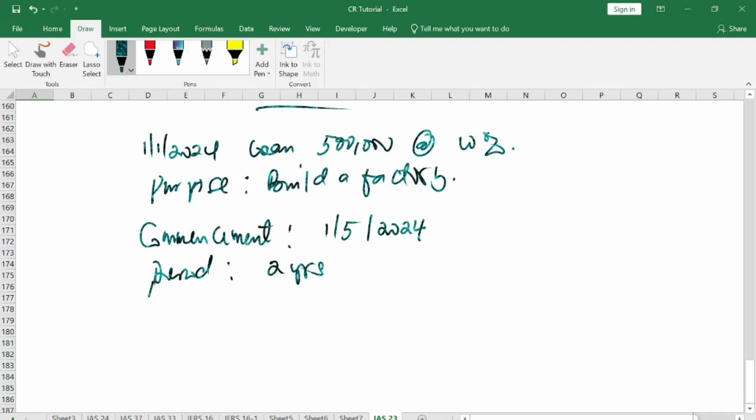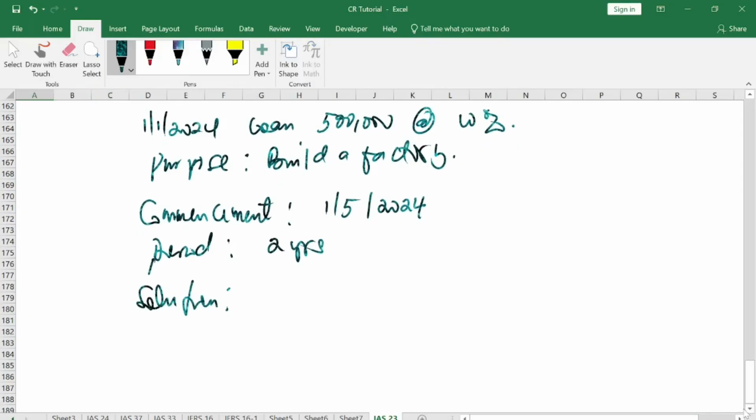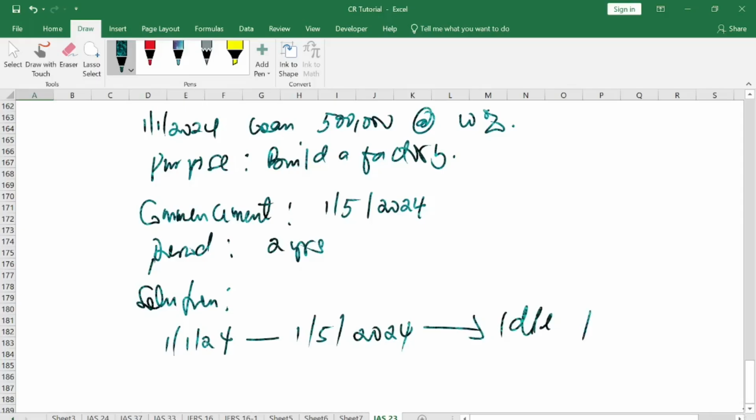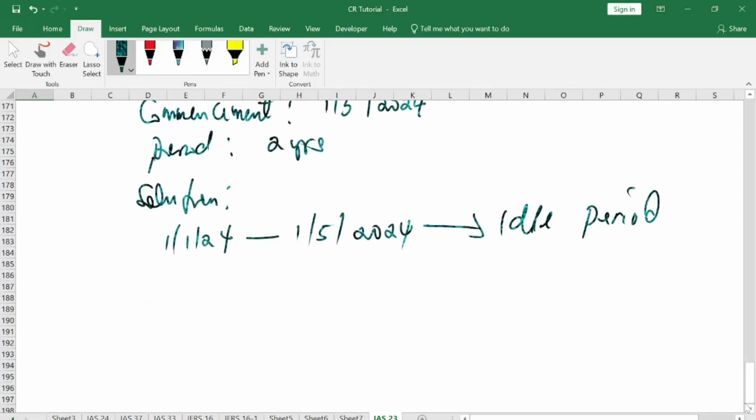When you are confronted with something like that, the commencement date, you look at it that from 1st January 2024 to 1st May 2024, the loan was idle. This is what we call idle period. So between 1st January and May, this money was not in use. And remember, you pay interest on the loan, right? So you see that the interest between this period you pay.